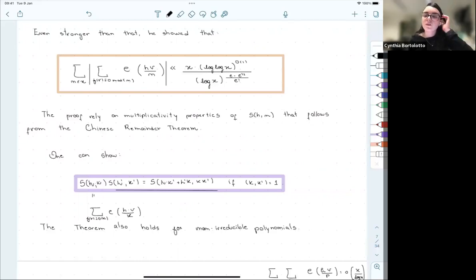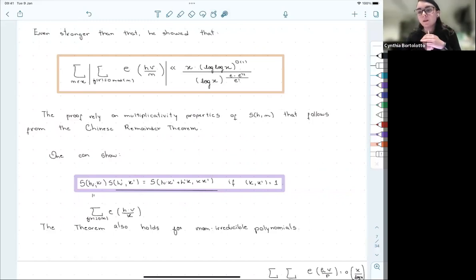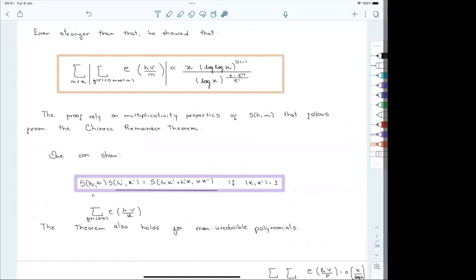So what he did was he split the sum when we're summing over small divisors and big divisors. And then he used this identity here to better exploit the decay. So it's basically just the Chinese remainder theorem, the main key of the proof. Okay, thanks. That was my question. Thank you.